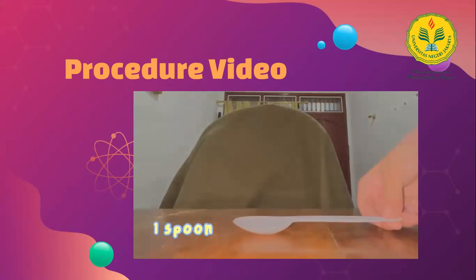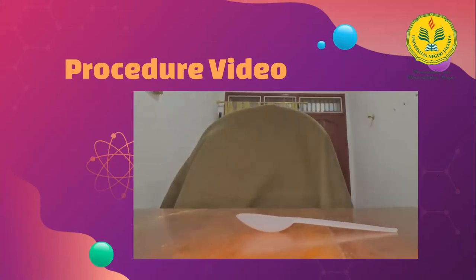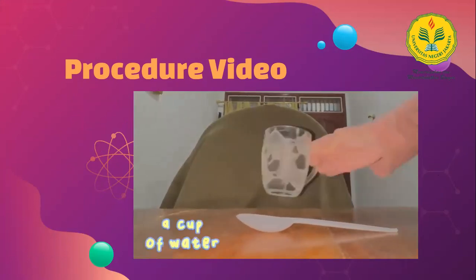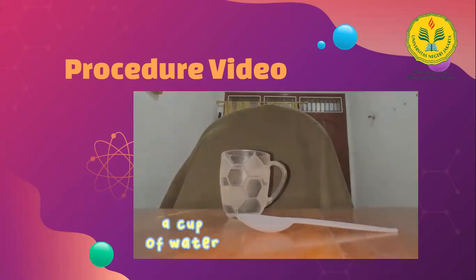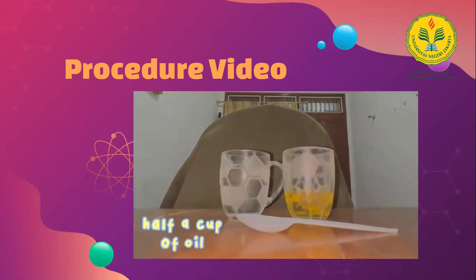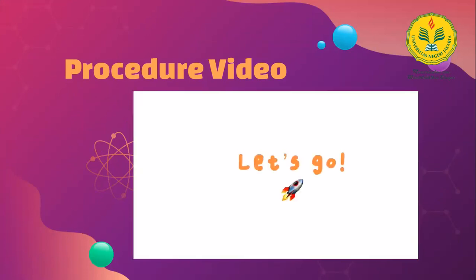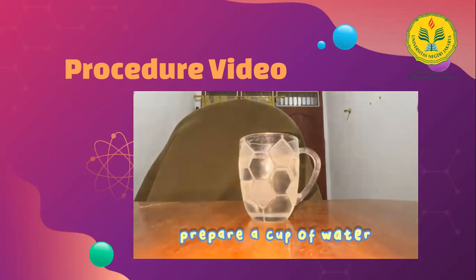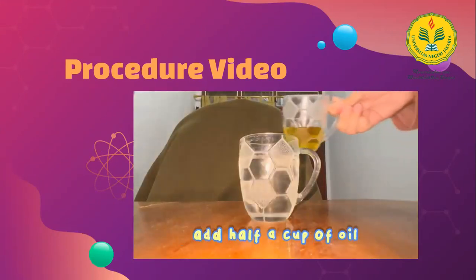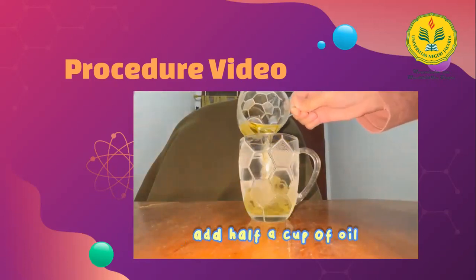The first step is preparing the tools and materials. 1 spoon, a cup of water, half a cup of oil, and 1 tablespoon of detergent. The next step is prepare a cup of water. Then add half a cup of oil.